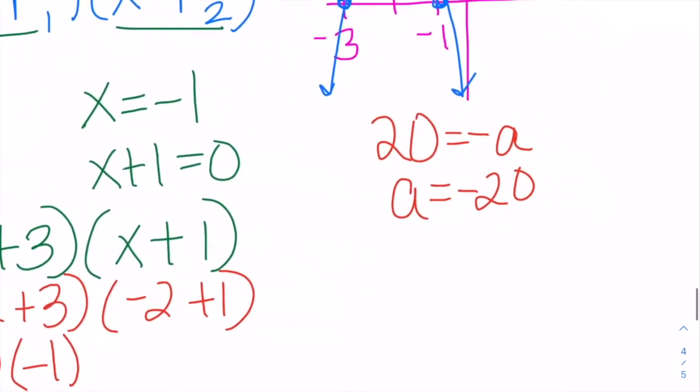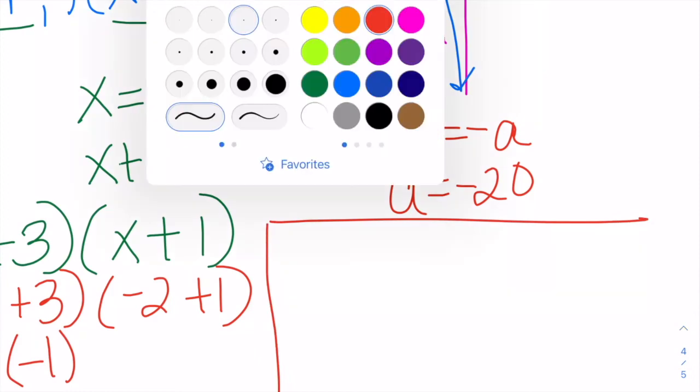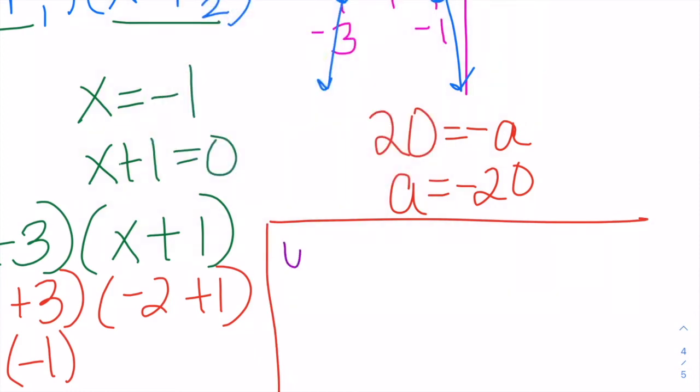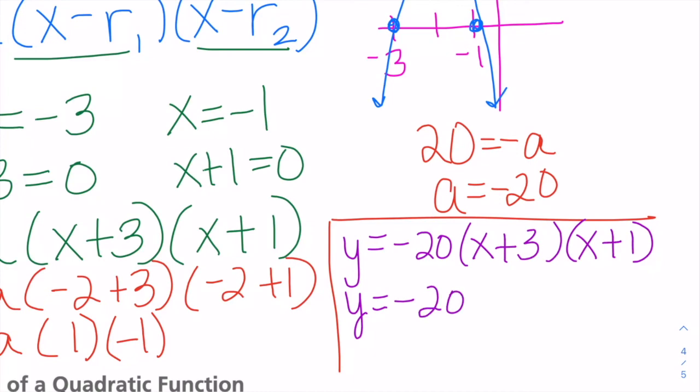So when I write the equation, we know that it'll be y equals negative 20 times x plus 3 and x plus 1. In factored form, that would be perfect. In standard form, we're going to have to FOIL.